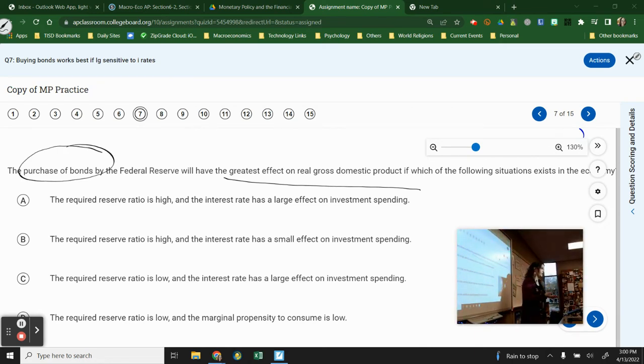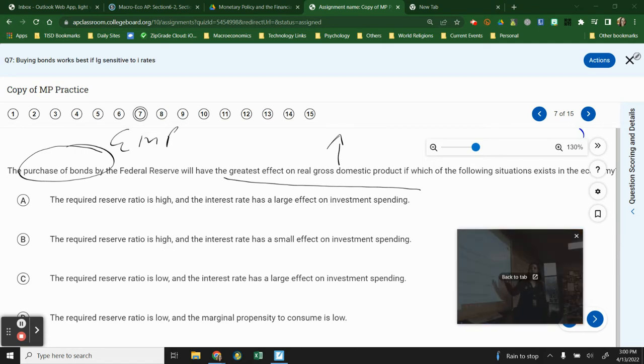Expansionary monetary policy, which will raise GDP. It shifts money supply to the right, which lowers interest rates, and lower interest rates increase aggregate demand, and aggregate demand increases GDP. So your answer needs to agree with an expansionary monetary policy that increases aggregate demand and GDP.